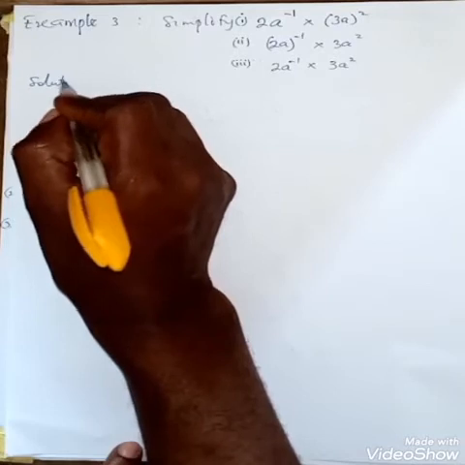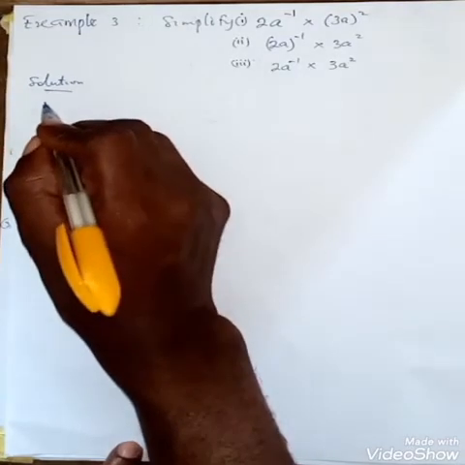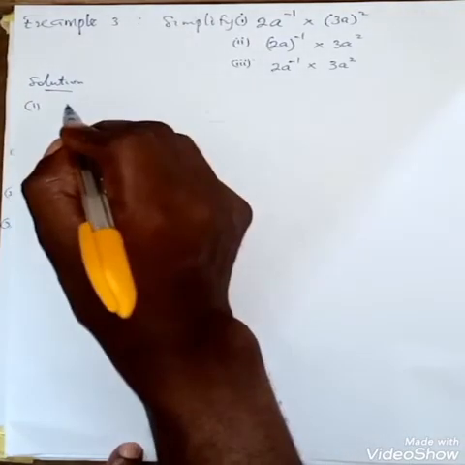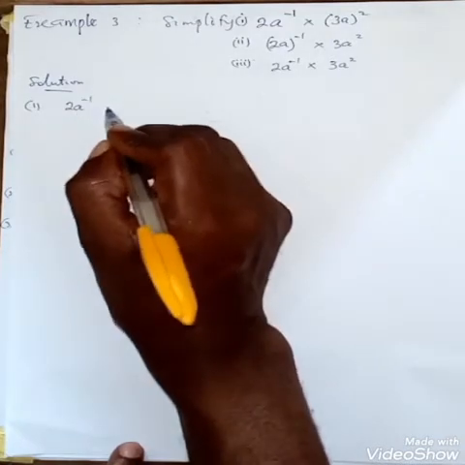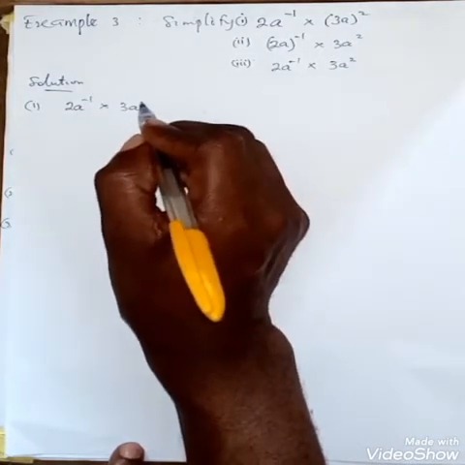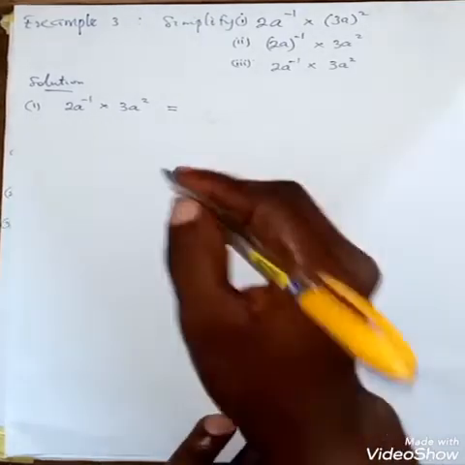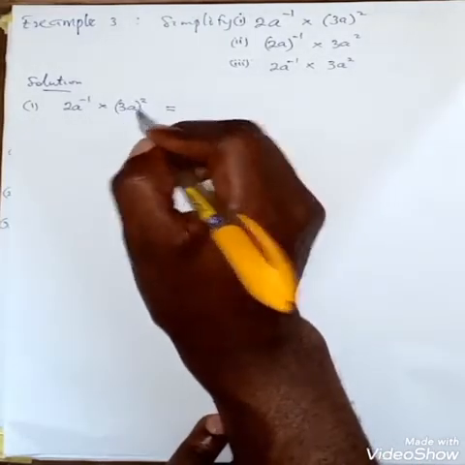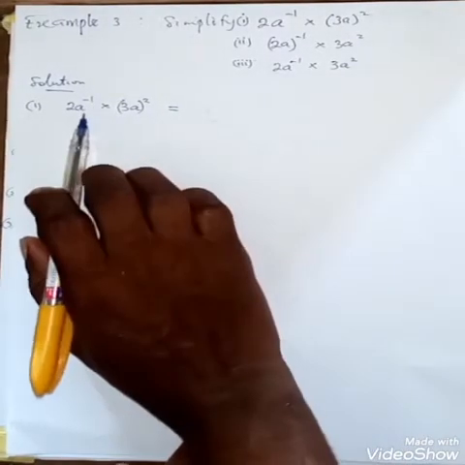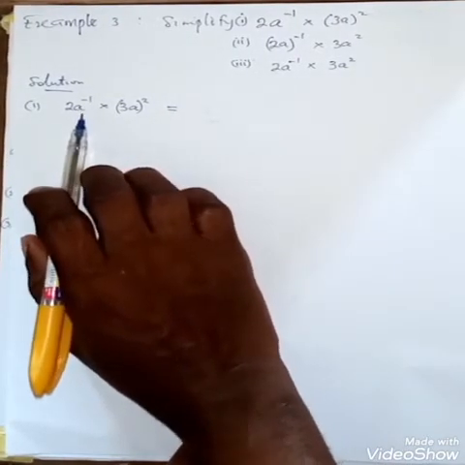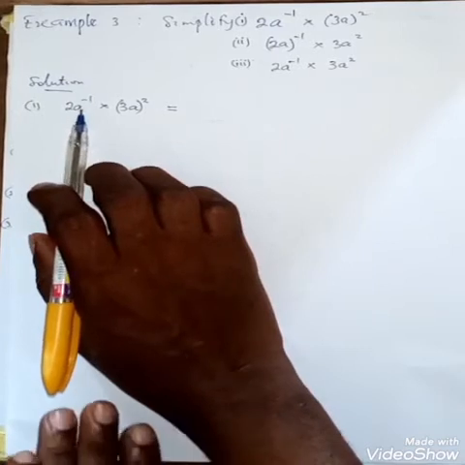Solution. In number 1, what we have here is 2a raised to power minus 1 times 3a squared. So when we look at this question very well, we can see that there is a case of abnormality, and that abnormality will have to be made normal.